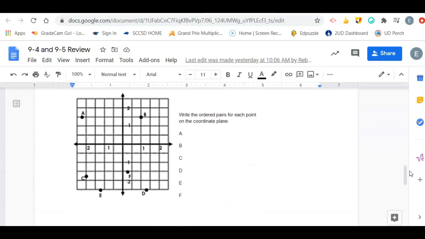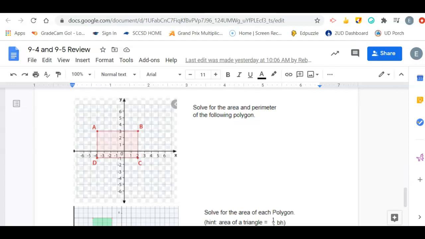Go ahead and I want you to write the ordered pairs for points A, B, C, D, E, and F. All right, next thing we're going to do, we're going to go ahead and look at polygons on a coordinate plane. What can we find with polygons on a coordinate plane with the information that we know already?